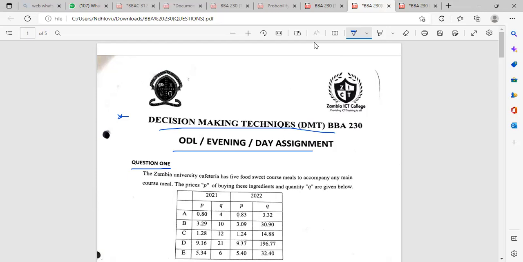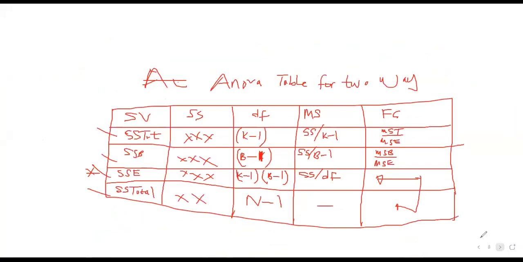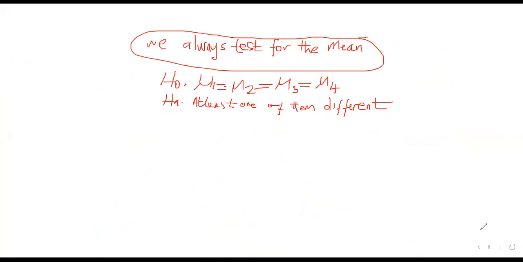So we quickly look at considerations, then we do question 1 in detail, and we go to question 2. Then question 5.